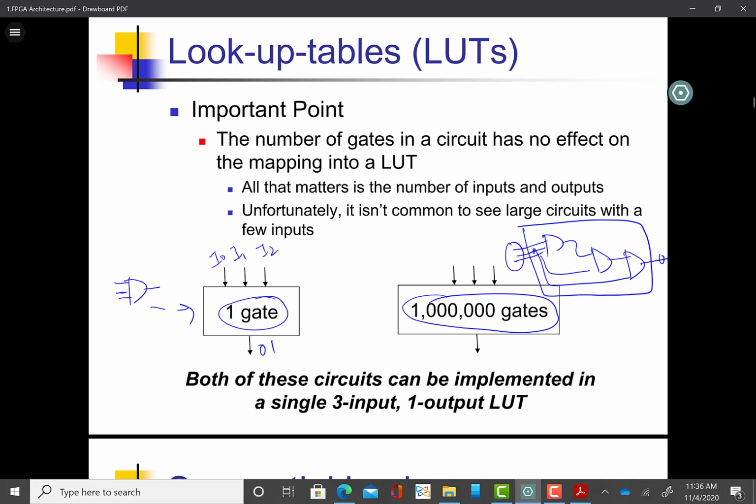So the lookup table is the workhorse. It is the basic way for FPGAs to implement combinational circuits. And the material that we covered until now is very important to understand if you want to understand the FPGA architecture and its working.